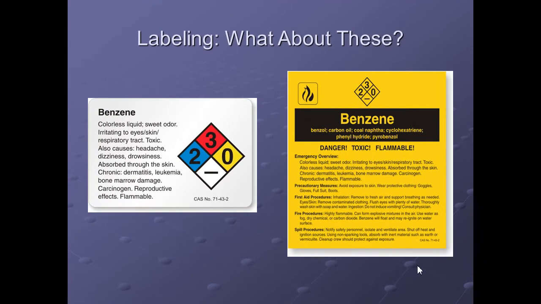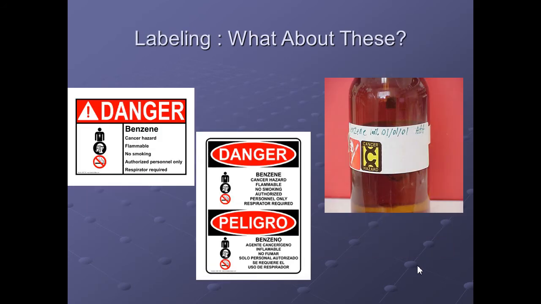Now these labels here, that's a benzene label in 2 different types. Those aren't the GHS labels, but as a secondary container, you could still use those as long as your employees are trained on both the old system and the new system.